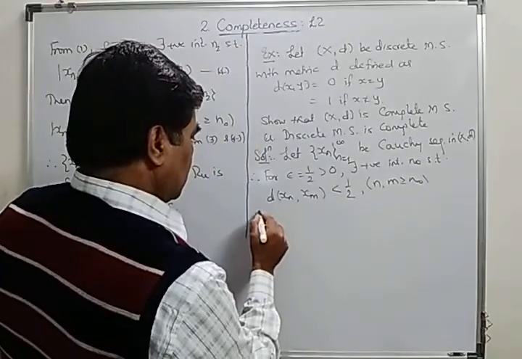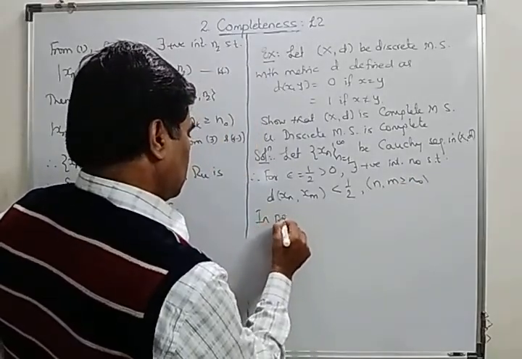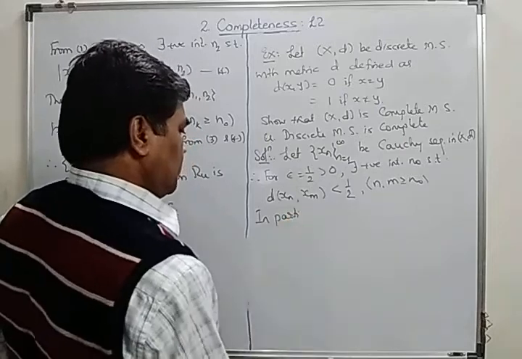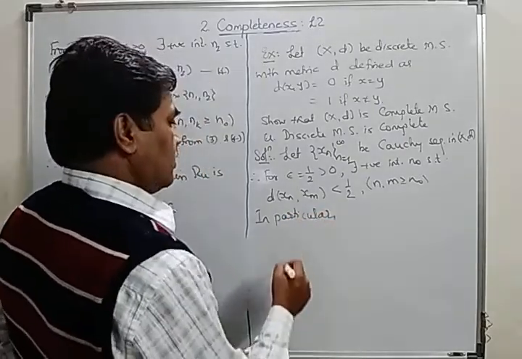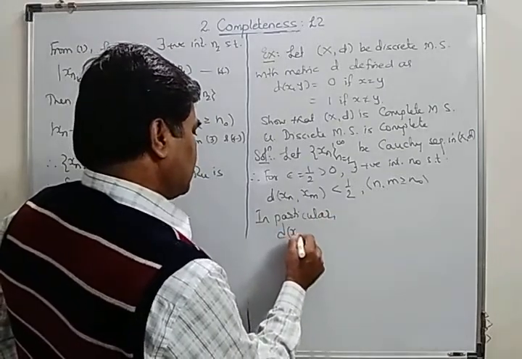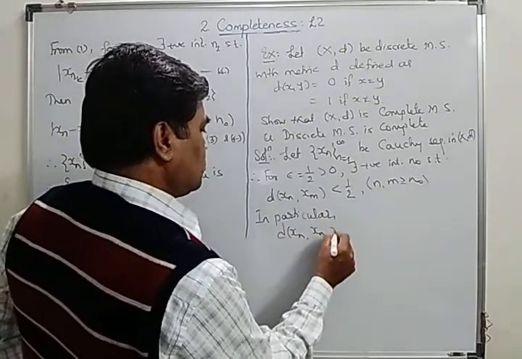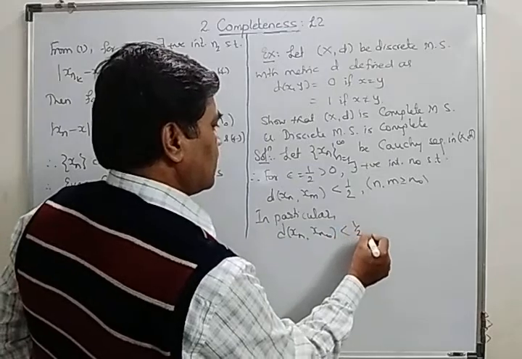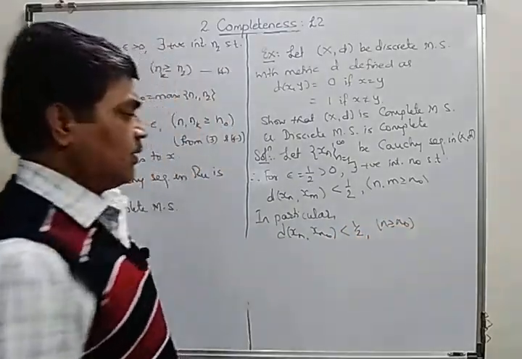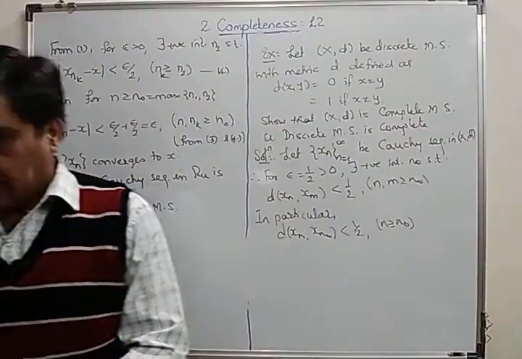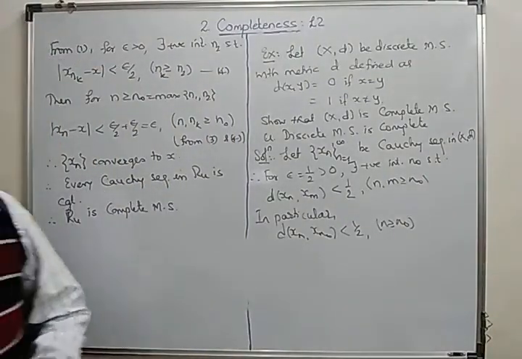In particular, d(x_n, x_n0) is also less than half for n greater than or equal to n0.